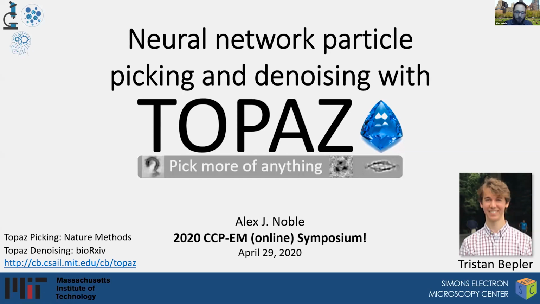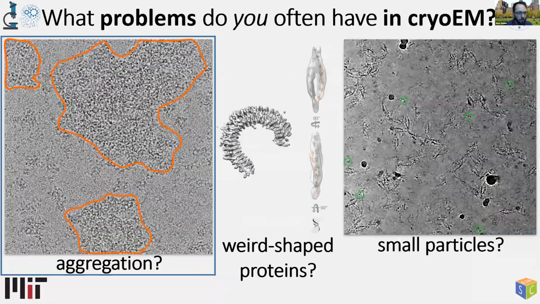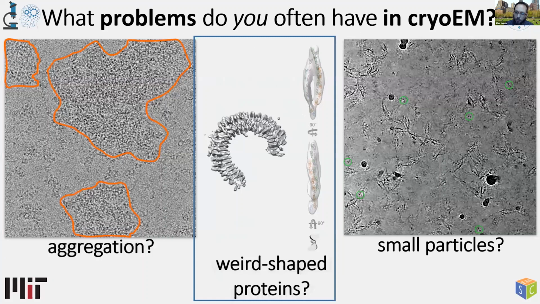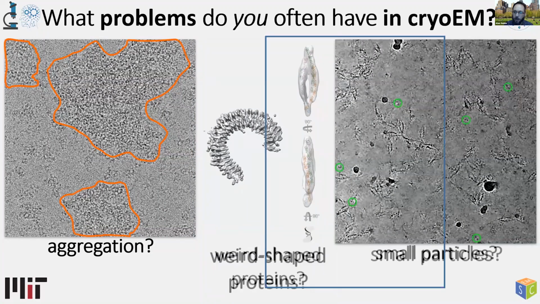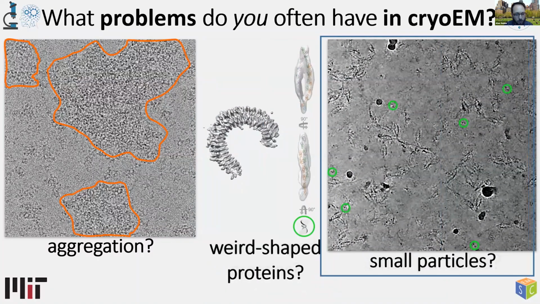So why in the world are we having a particle picking talk? Haven't we solved this a long time ago? Well, let me ask you all, do you have problems with your micrographs having, let's say, aggregation, or weird shaped particles, or small particles that you can't even really identify in order to pick them completely?